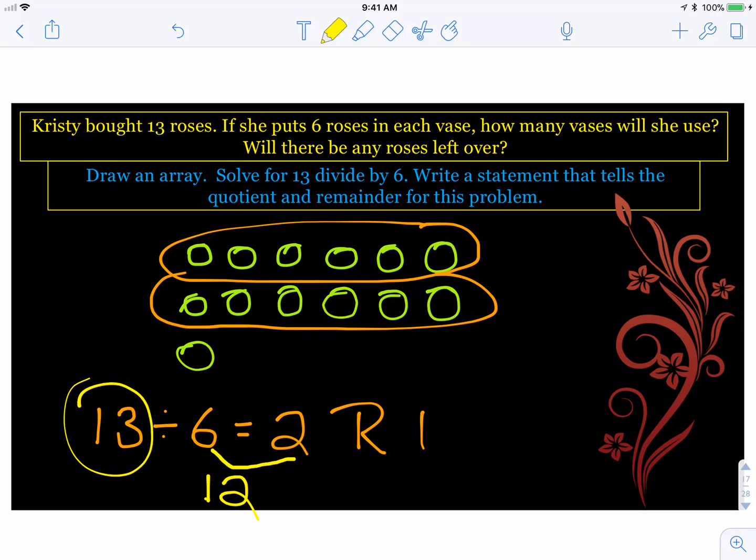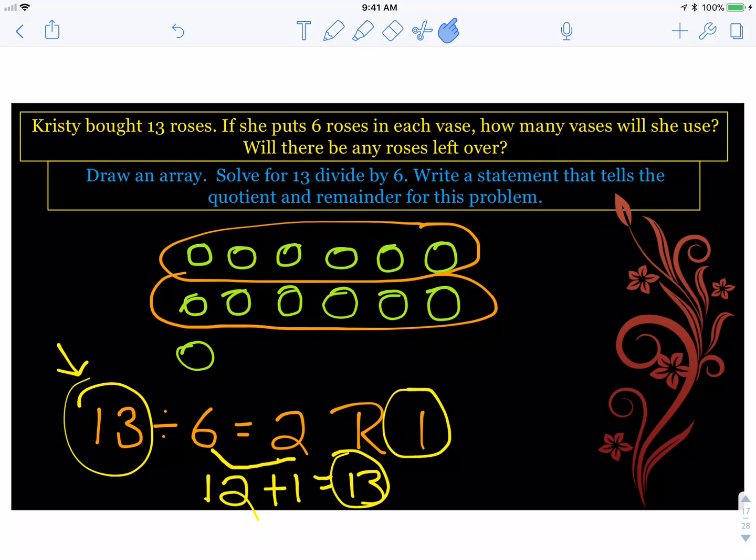What do I need to do now? I multiply the quotient and the divisor, and it's supposed to equal the dividend, but I didn't get that answer. What am I missing? I need to add the 1 to it, my remainder. So 12 plus 1 equals 13. Is this my dividend? Yes, it is. That means it's correct.